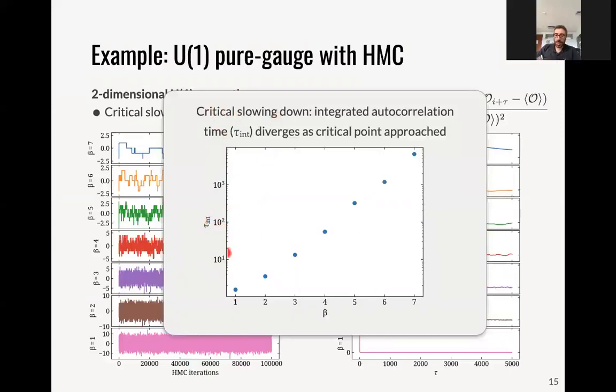So you see critical slowing down, which means that tau int, the integrated autocorrelation time, increases exponentially with a parameter of the theory as you reach a critical point of the theory. Okay.